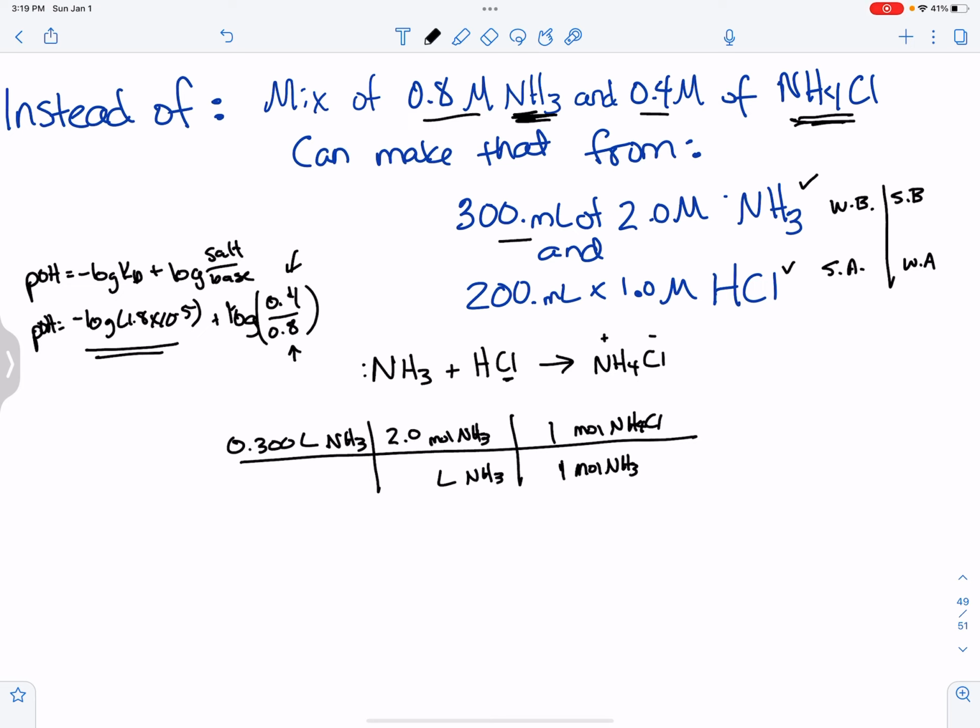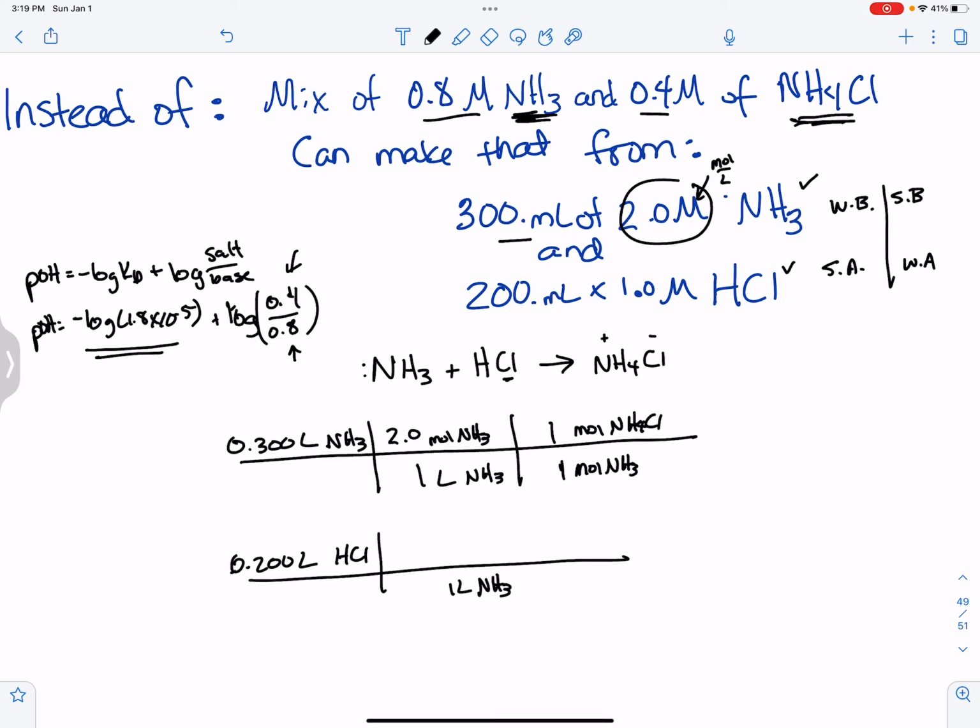So that is 2 in 1. That comes from this molarity here. Don't forget that that unit is the same thing as saying a mole in a liter. Then I'm going to take the other number, 0.200 liters of HCl, in 1 liter of HCl, and it says that I have 1 mole of HCl in this.